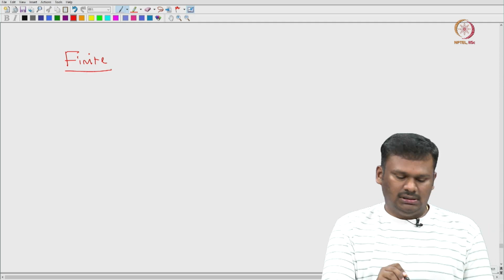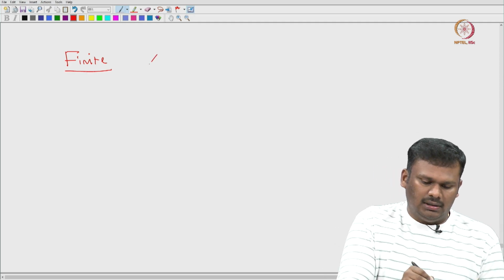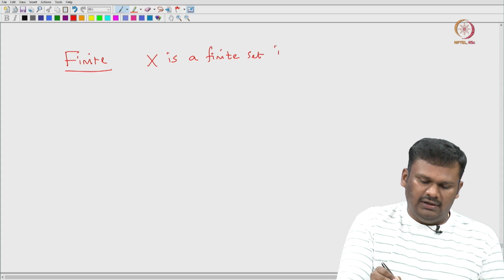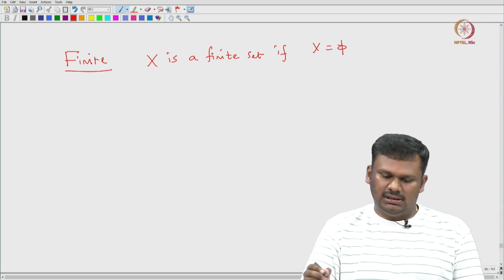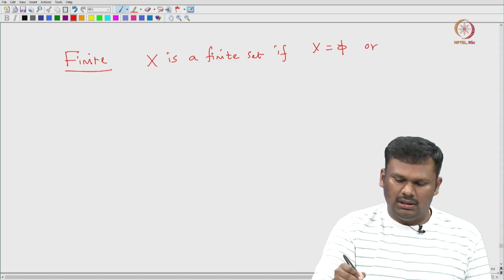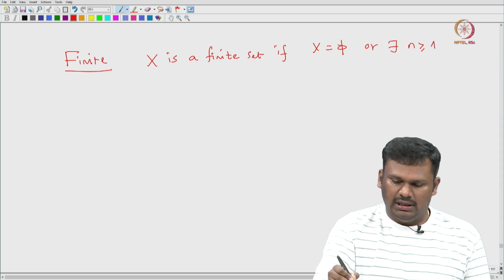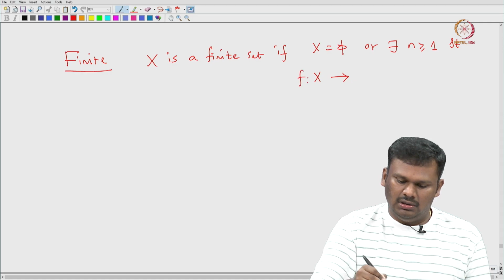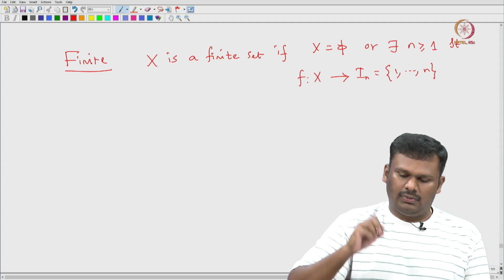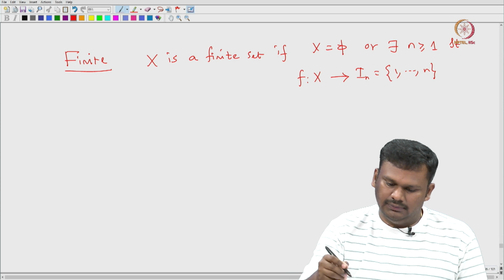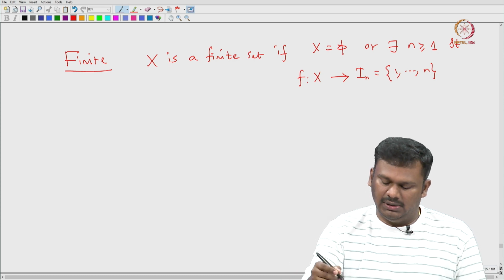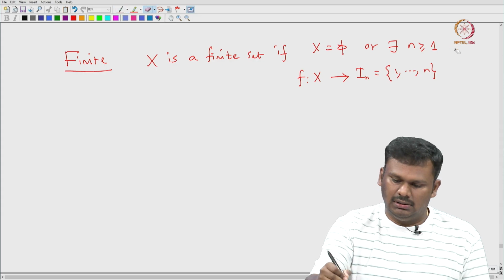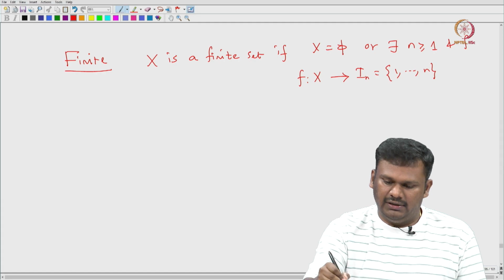We say that a set x is finite if either x is empty, in that case we can also call it finite, or there exists n greater than or equal to 1 and a bijection f from I_n, where I_n is just 1 to n, such that x and I_n are bijectively corresponding.